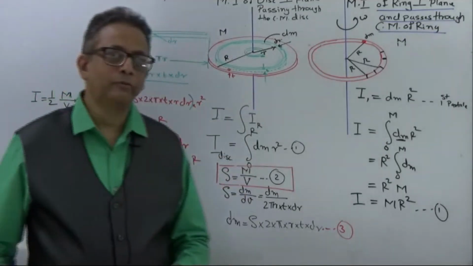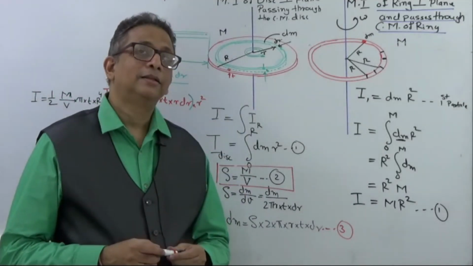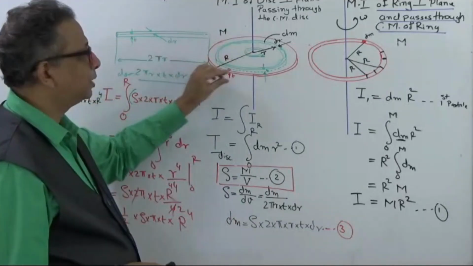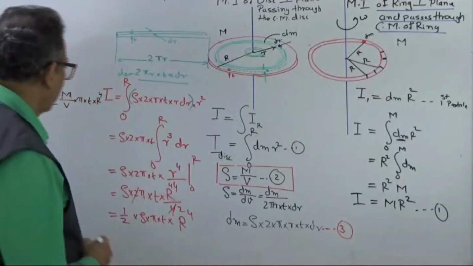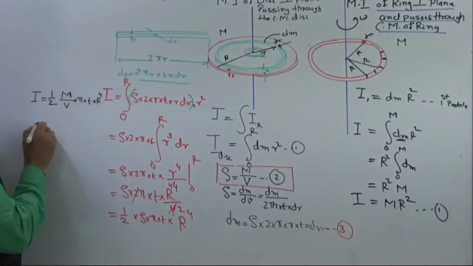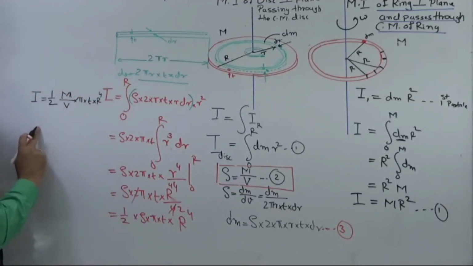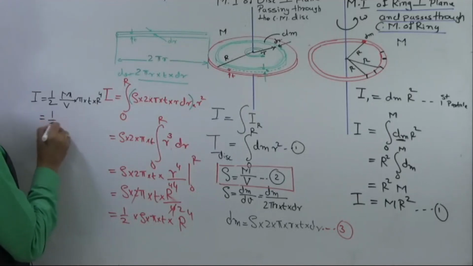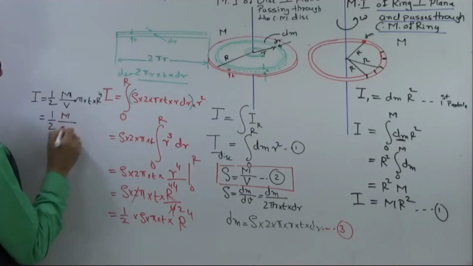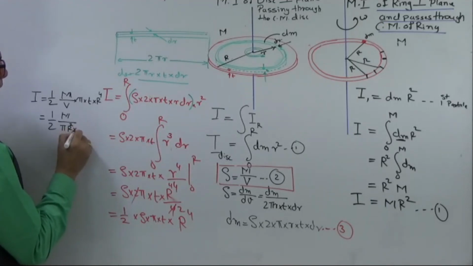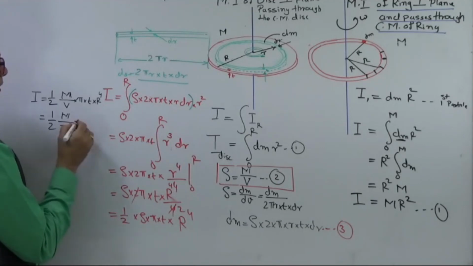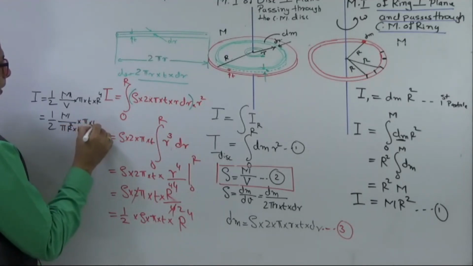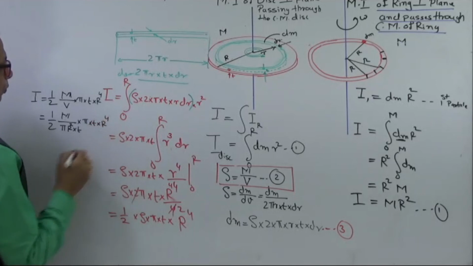What is the volume of any disc? That is the area of the disc into the thickness T. And what is the area of the disc? Pi r square. So I am going to have this as 1/2 mass M, volume of the disc is pi R square into T, into pi into T into R raised to 4.